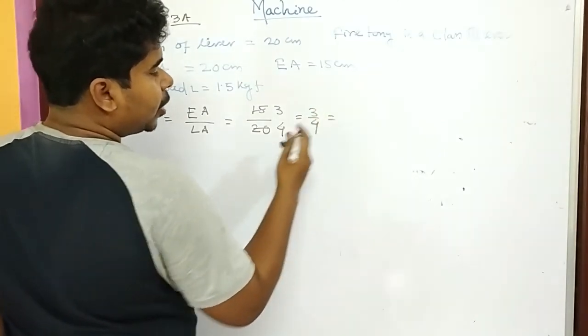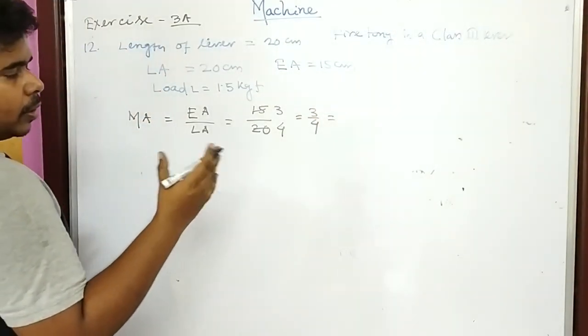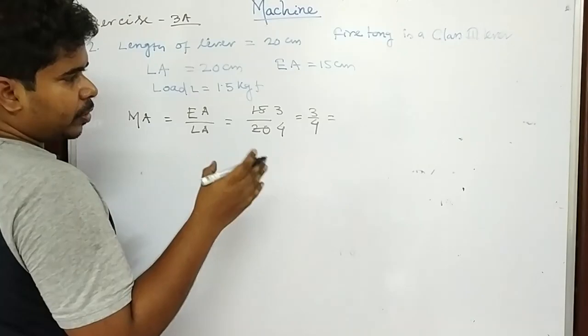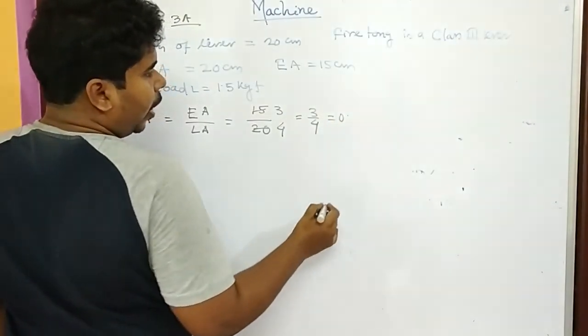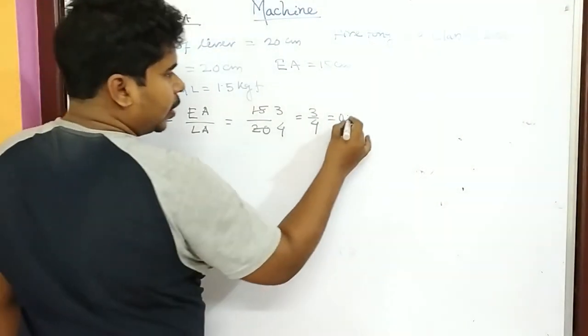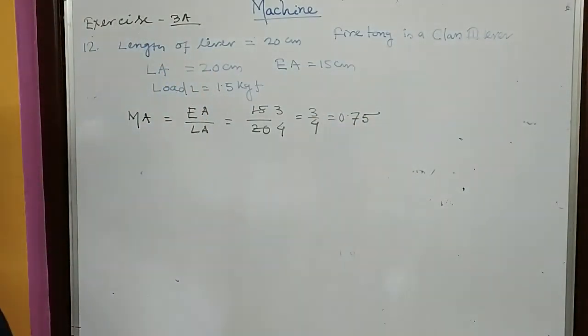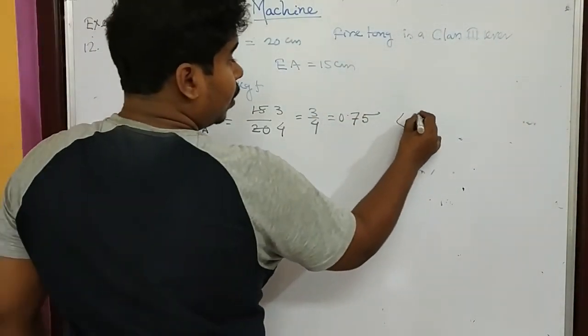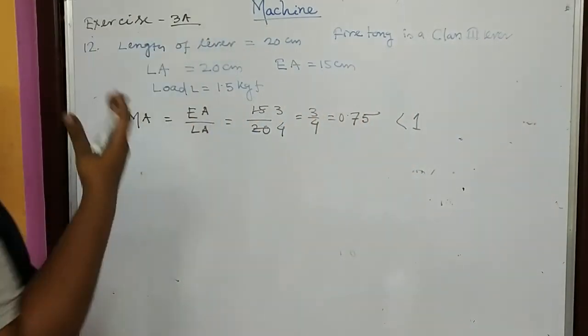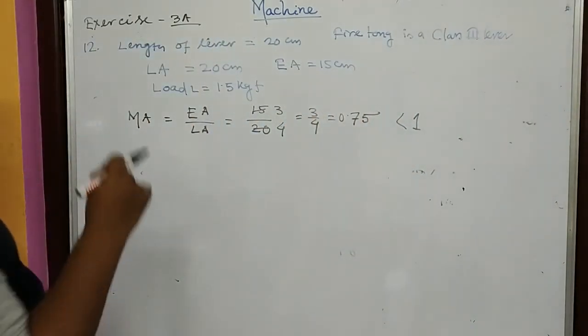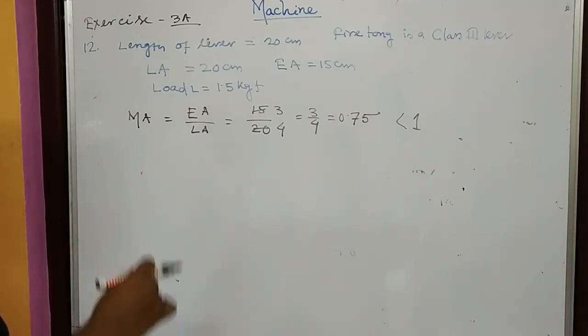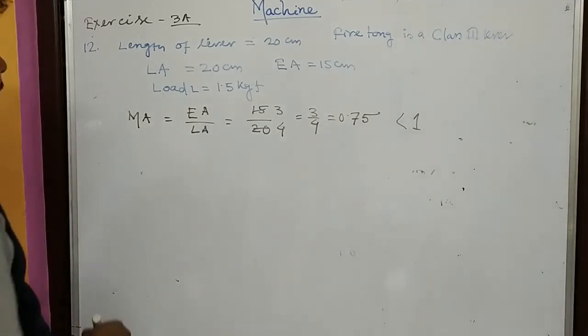If I convert it into decimal, that is 0.75. That is your mechanical advantage, which is less than 1, and it is clear that for class 3 lever mechanical advantage should always be less than 1, that is 0.75.